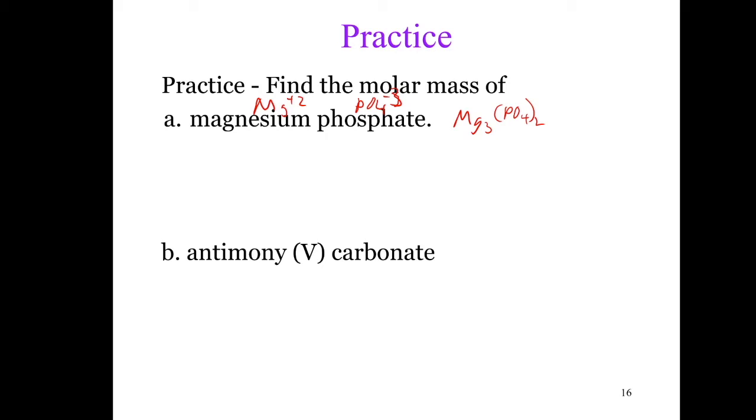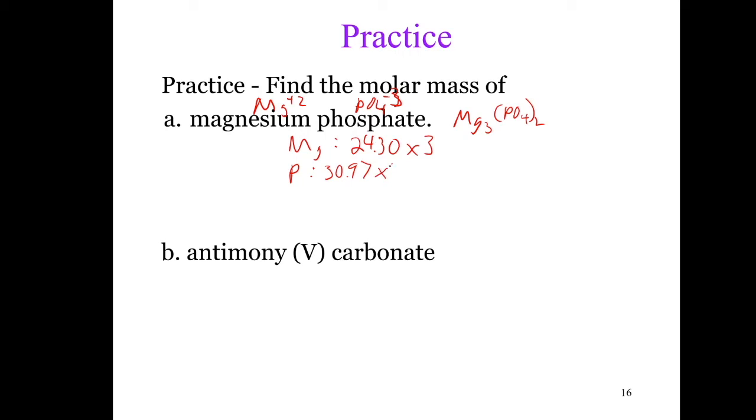You can do all this on your calculator, but I'm going to try to show some work and then just give you the answer, and make sure you can do this consistently, because you have to do it quite a bit in this course. So magnesium, I look up on the periodic table, I see its molar mass is 24.30, and I have to multiply by 3 because there's 3 magnesiums. Phosphorus, I look up on the periodic table, it's 30.97, and there's 2 phosphate ions.